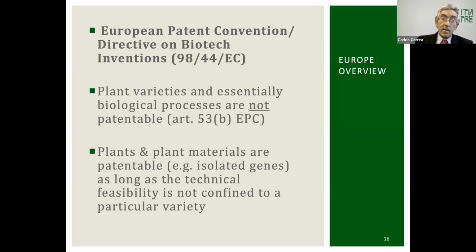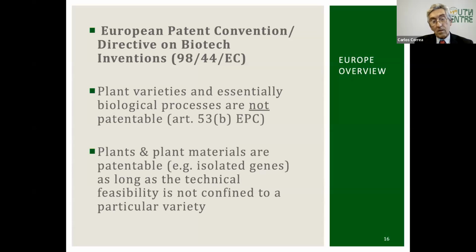But then under European law, plants, for instance a genetically modified plant, or plant materials are patentable, including isolated genes. So if a gene is isolated from a plant existing in nature, this is patentable under the European law, as long as, as indicated in the slide, the technical feasibility is not confined to a particular variety.